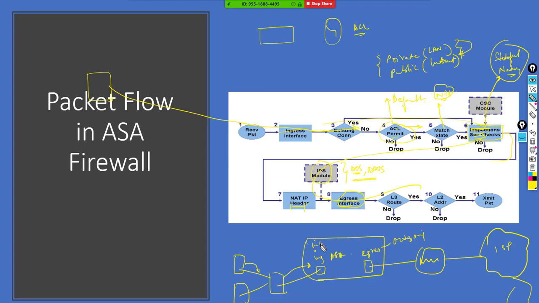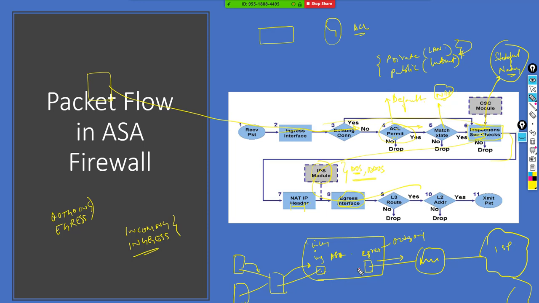It's the incoming interface. Any traffic which is coming into the ASA box is called incoming, or we can also call it ingress. These are the terms used for incoming traffic. Similarly, for outgoing traffic, we call it egress, the traffic which is leaving the ASA firewall.